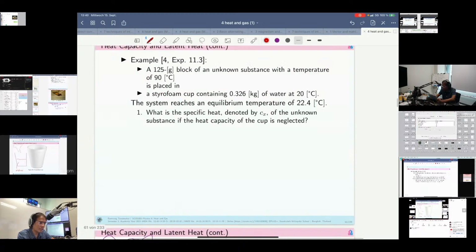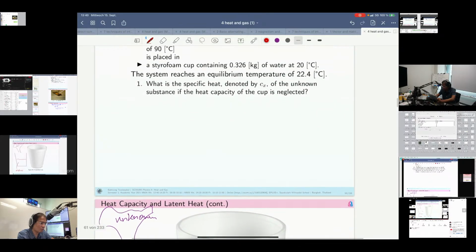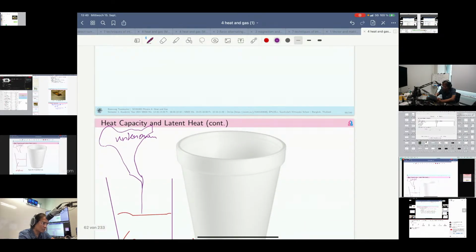And the unknown material starts from a high temperature, T initial at 90 degrees. My God, quite high.